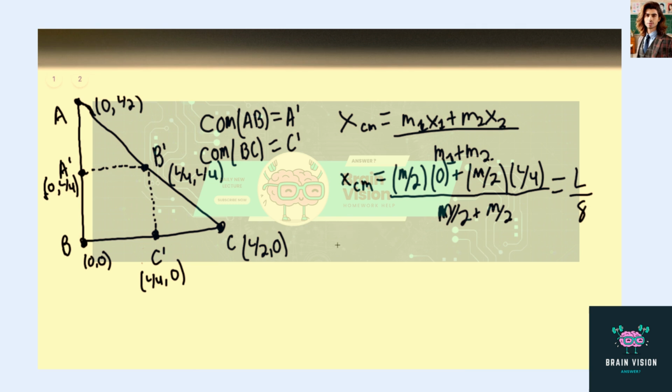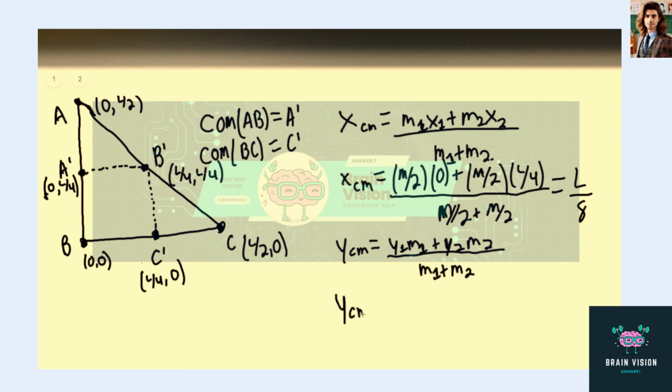Similarly, for the y, we have the y center of mass. It's going to be y1 m1 plus y2 m2, divided by m1 plus m2. And again, we're going to have to substitute.